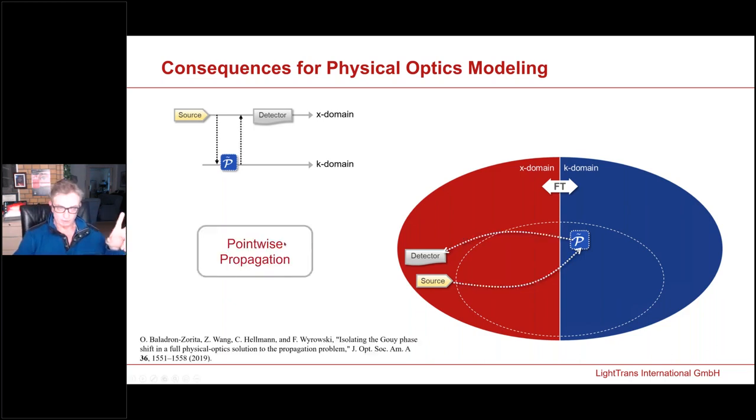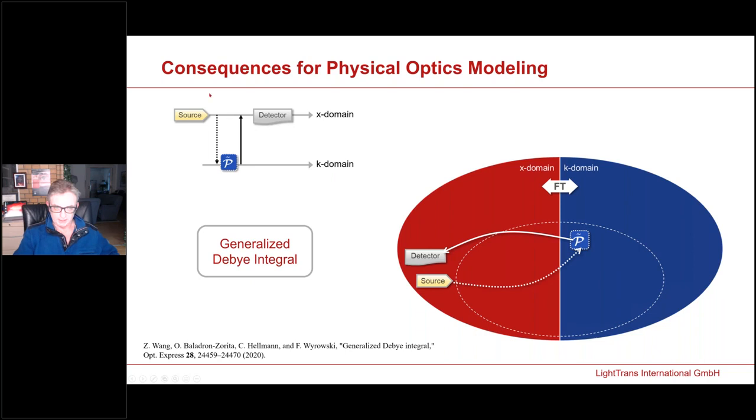If I have a pointwise propagation, then both are pointwise Fourier transforms. This was very nicely discussed in this paper here, where also the Gouy phase shift and so on is included, because we can show that then also Gouy phase shift is included in the modeling. Still, it's pointwise, so it doesn't matter. So that means the key here is if both Fourier transforms are pointwise, then we have a pointwise propagation.